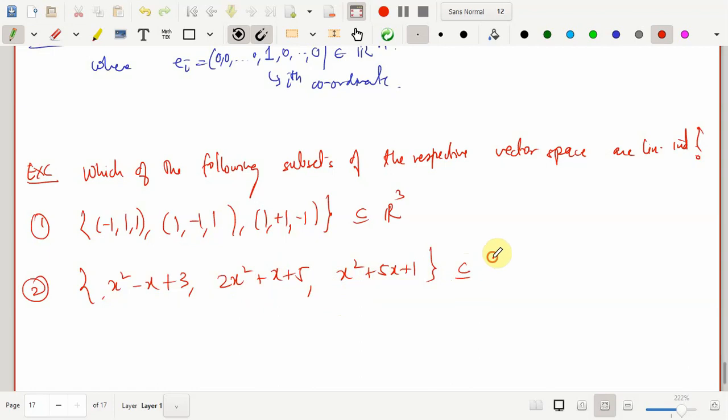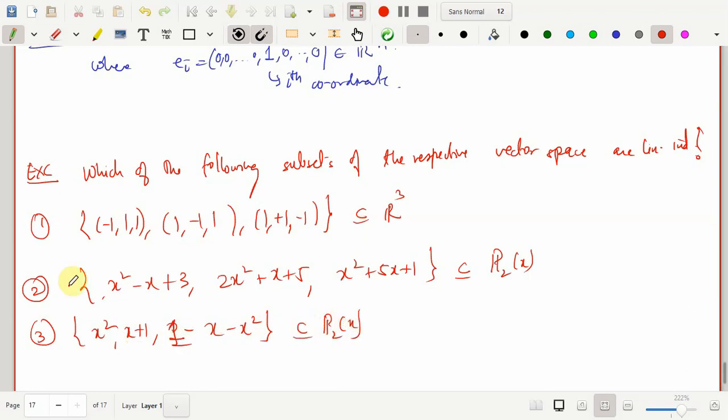So these are a subset of P2 of x. In the same way, one more example: x square, x plus 1 and the last is 1 minus x square. Check whether these are linearly independent or dependent.